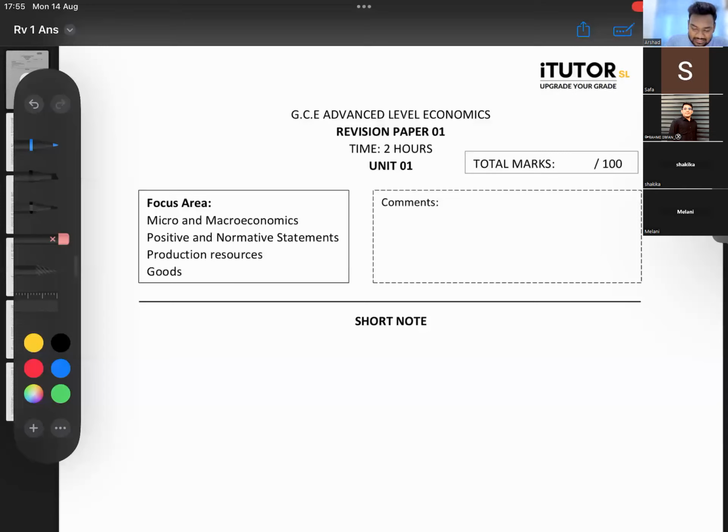Question number 1. All non-economic resources are natural resources. Natural means gifted by nature. But all natural resources are not non-economic resources. Do you agree? Explain. What do you all think, guys? Let's think of the first part.